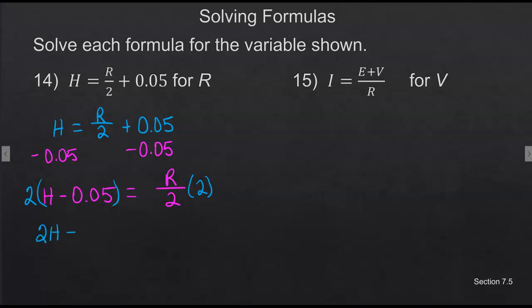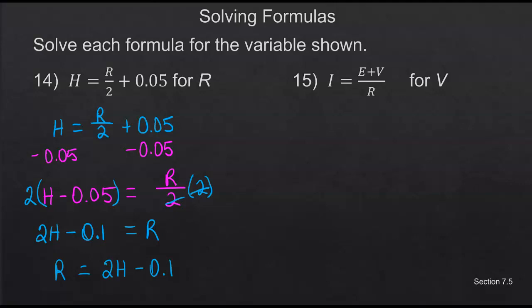Distribute the 2, and that gives me 0.1, and on this side is my r, so now I have it solved for r. And you know, as I've done on a lot of these, you can write it this way if you want.